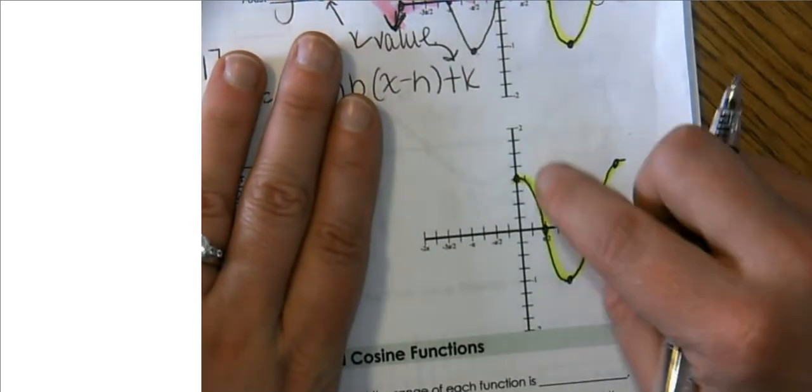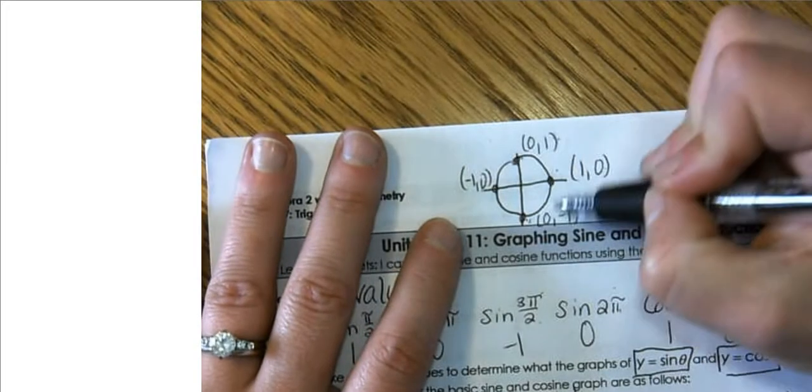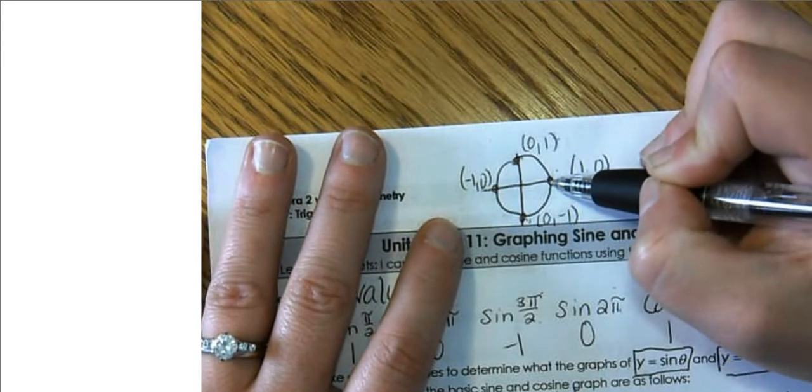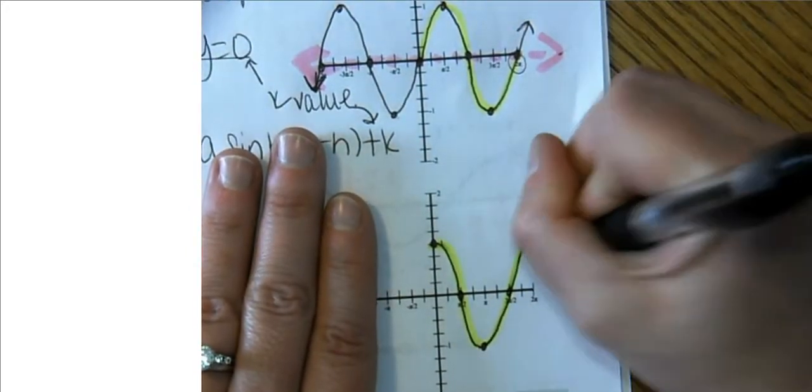And if you were to look at going around our unit circle one more time, so we've already made it around the unit circle, we landed at 1, my next x value is going to be 0. So I know that I've reached a max value, and I'm going to point my arrow right back down.